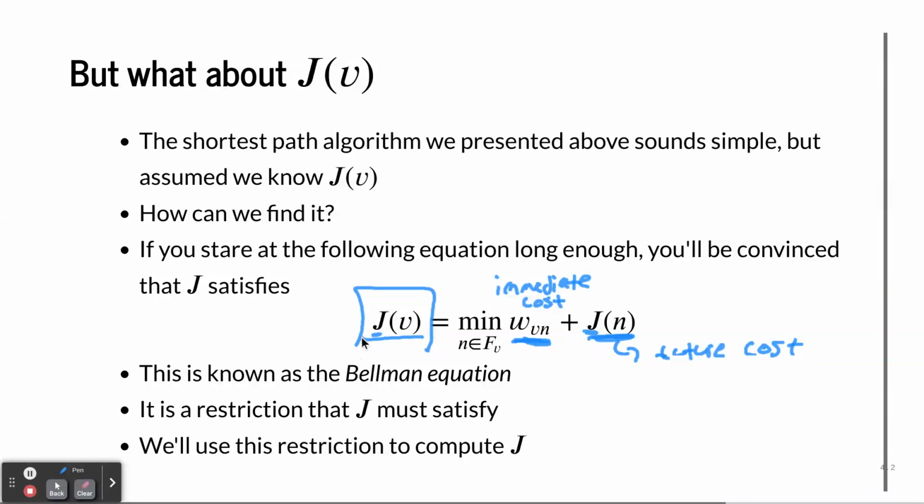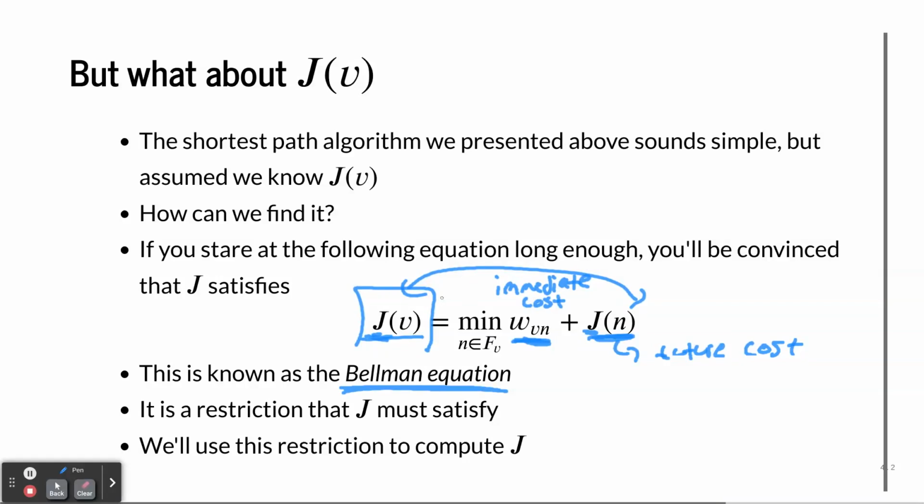You've likely run across recursive formulations like this. Where often, instead of calling it the cost to go function, we may have called it the value function. And when we have a recursive formulation of an unknown function like this, it really stems from a brilliant economist or mathematician named Richard Bellman. And we call this type of equation a Bellman equation.